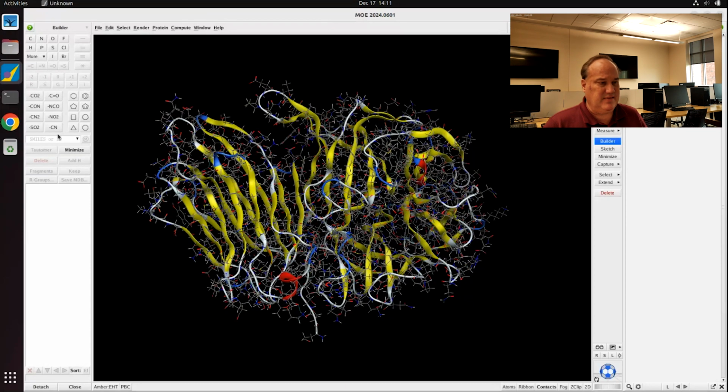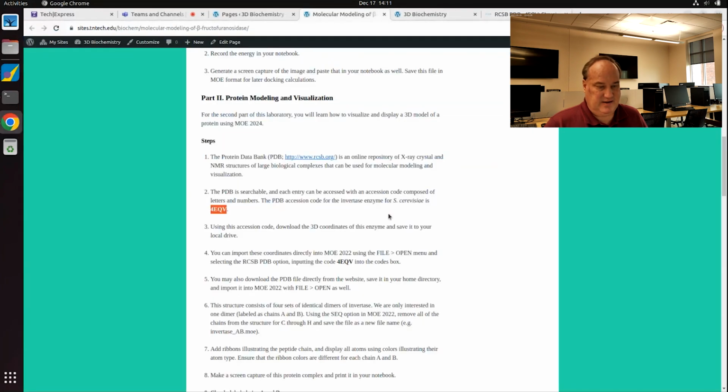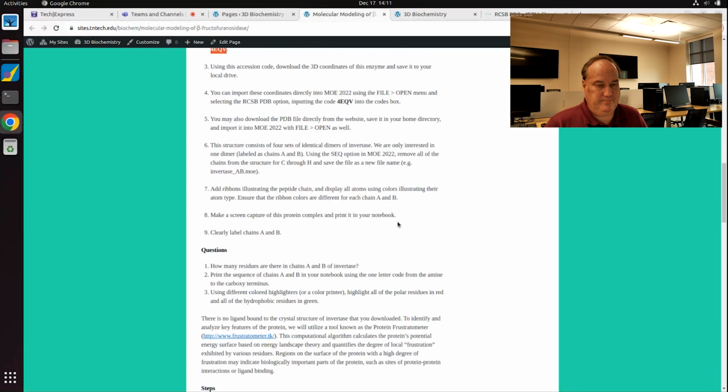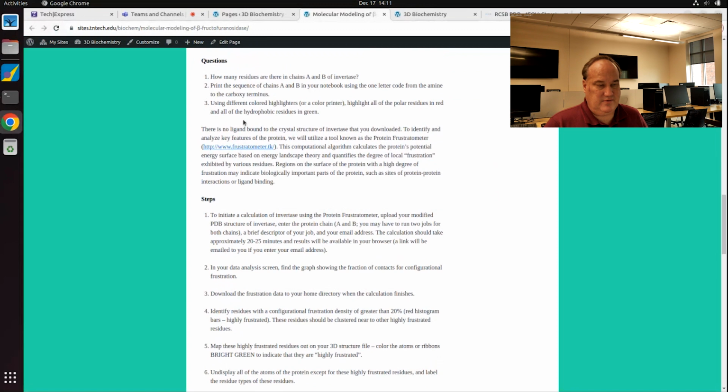The reason I did that is because we want to try and consider the binding site of our protein, right? And so we're going to use a protein tool called the Protein Frustratometer, right?